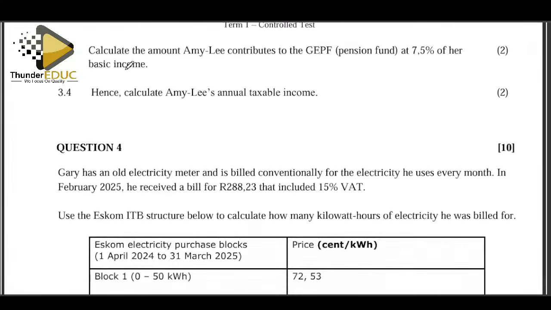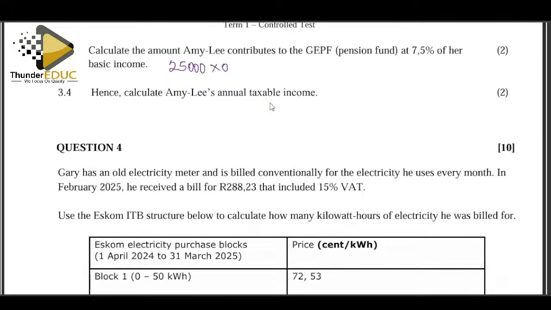We come here, now they're asking us, calculate the amount Amelie contributes to the GEPF, which is the Government Employees Pension Fund, at 7.5% of her basic income. Remember, her basic income was 25,000.